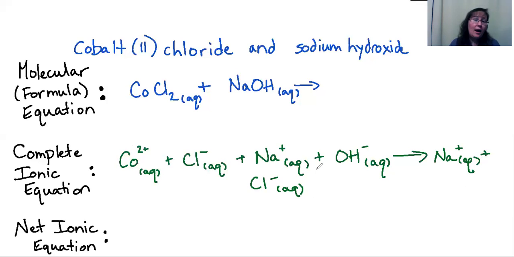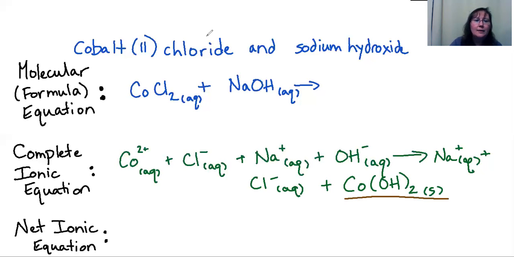I do see that hydroxides tend to be insoluble or slightly soluble, which means they're going to precipitate out. And that means that my cobalt and my hydroxide together, Co(OH)2, is going to be a solid. I'm just going to underline it here so that I can see that.